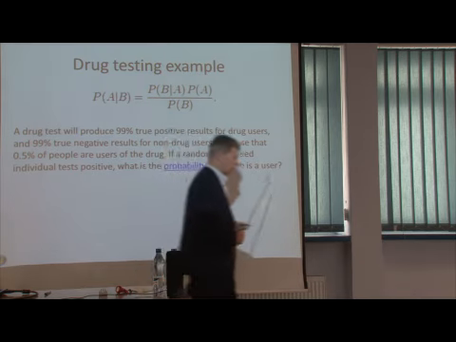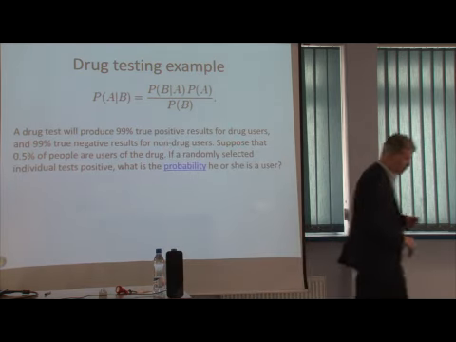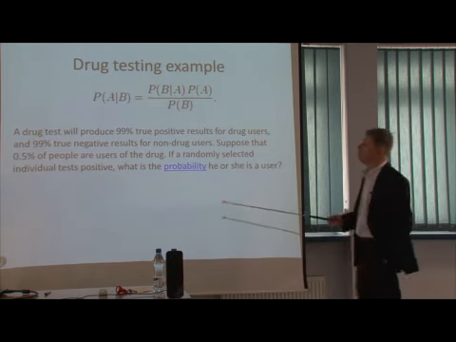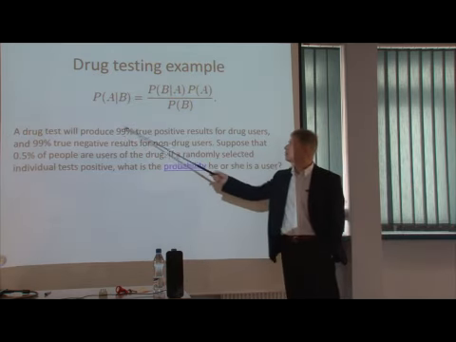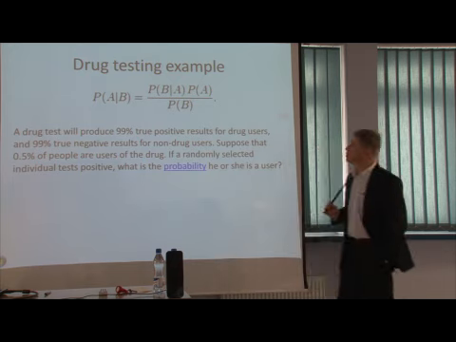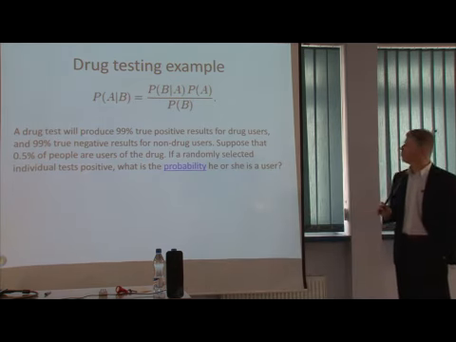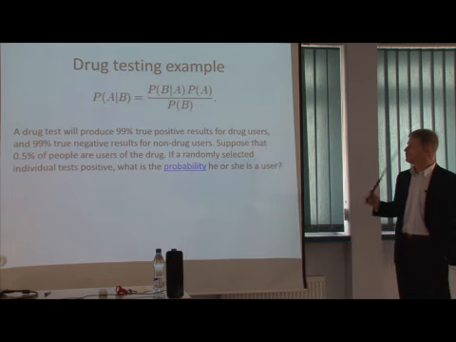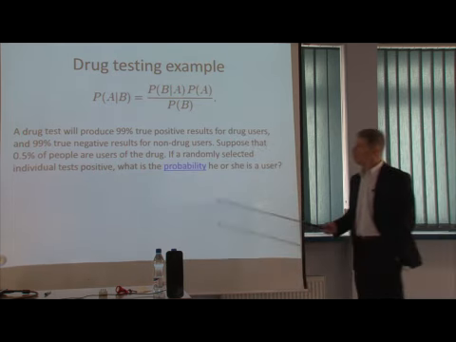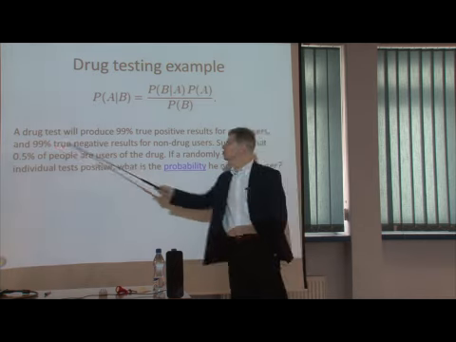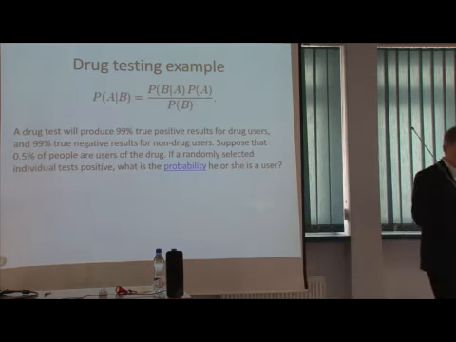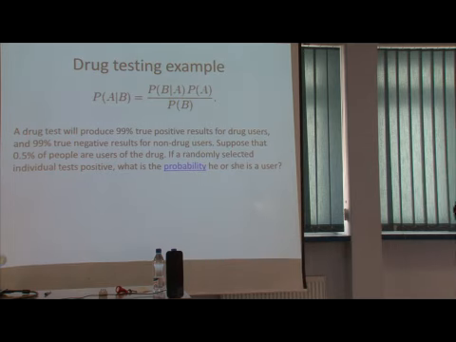The common example that is given for the Bayes' theorem is the drug testing example. So we have a test that is 99% positive, true positive for a drug user, and also 99% true negative for non-drug users. Okay, so it's a very effective test.